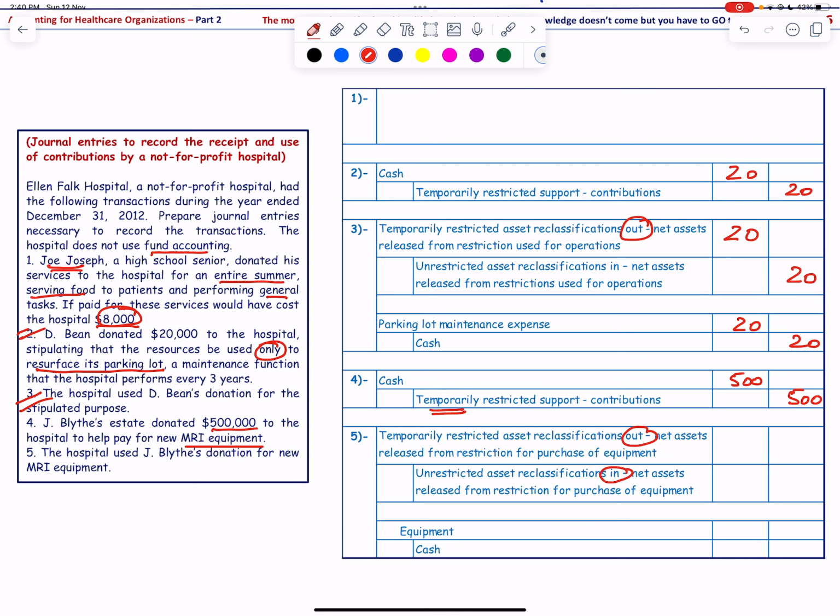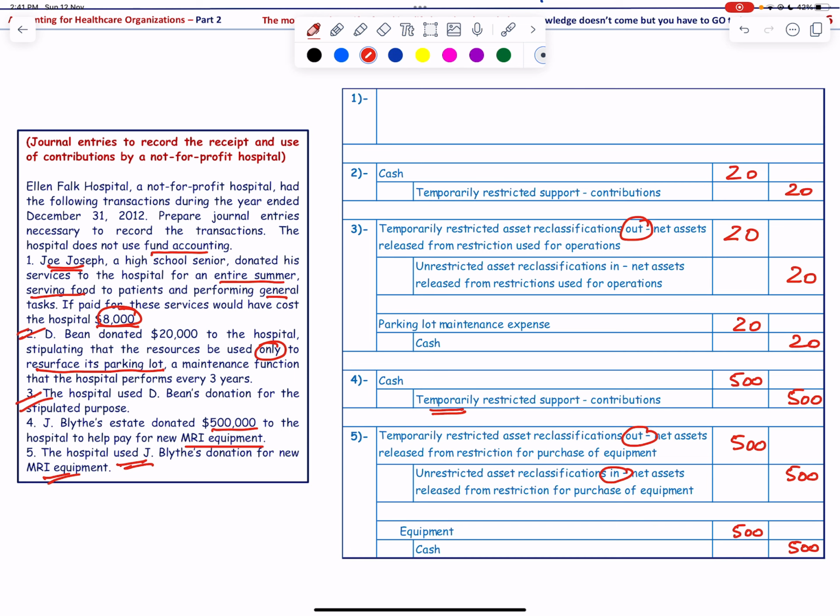So temporarily restricted asset reclassification is debit by 500,000, and unrestricted asset reclassification in is credit by 500,000. And since they have used this money to buy the MRI equipment, equipment is debit and cash is credit.